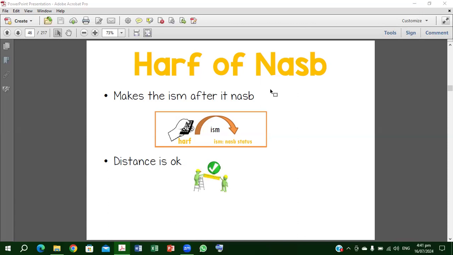Okay. And then we studied some special murakkabe idafi. We studied that murakkabe idafi can be the adverbs of time and space. Remember, for example, behind the wall or after the salah, right?